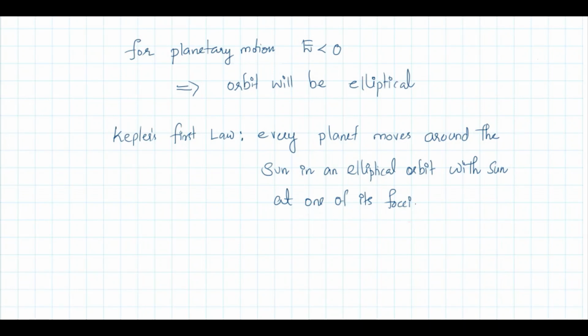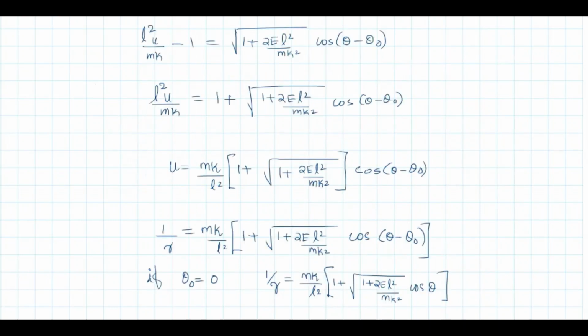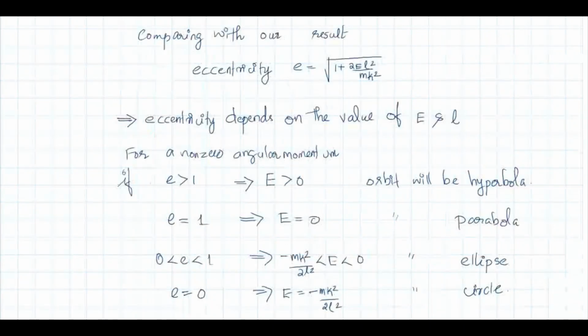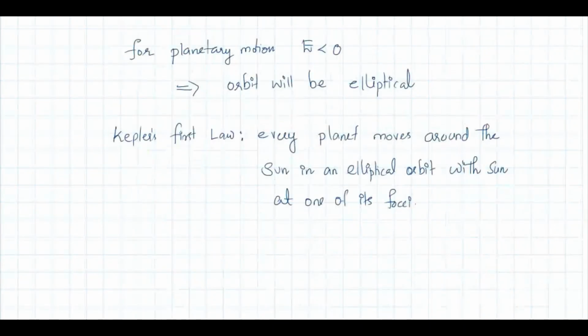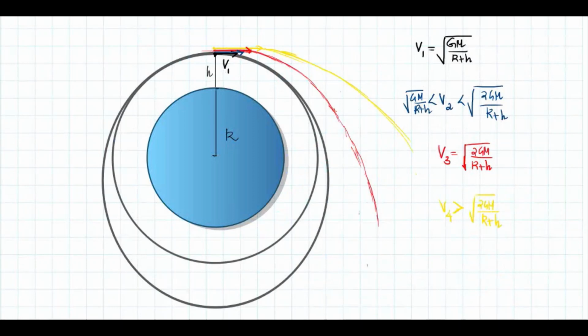So we proved the first law of planetary motion. We derived an equation for the orbit using the Kepler potential and obtained four possibilities. But for a planet, the total energy is less than 0, and the case for total energy less than 0 is an ellipse. So every planet moves around the sun in an elliptical orbit with the sun at one of its foci.